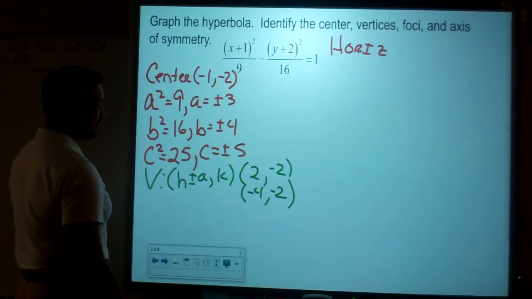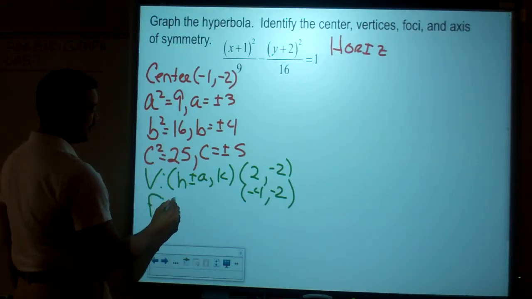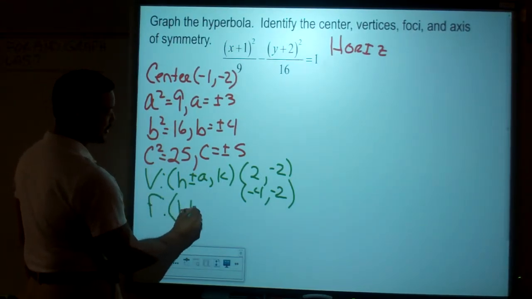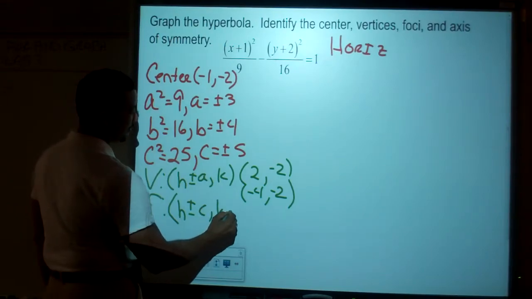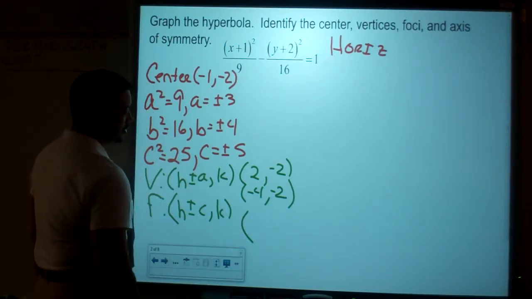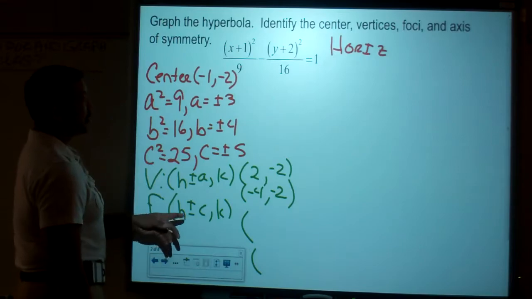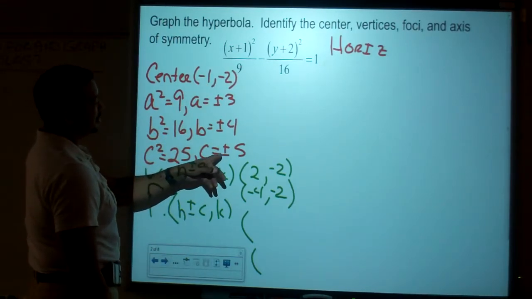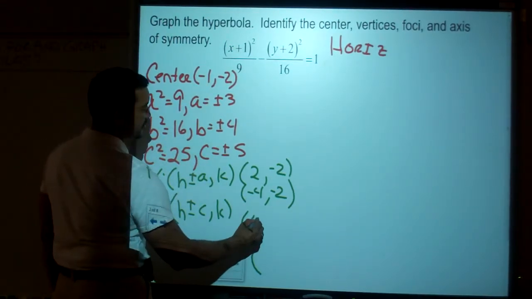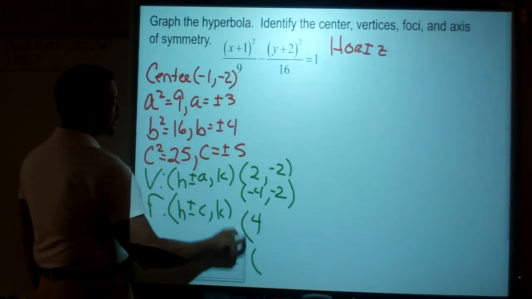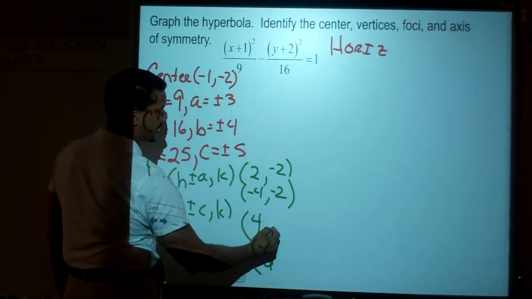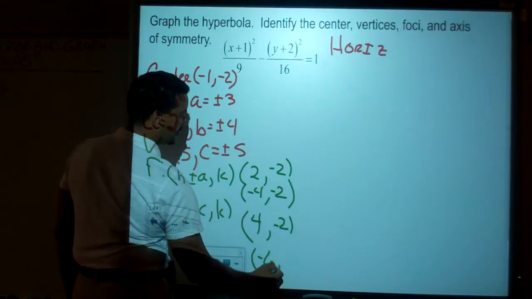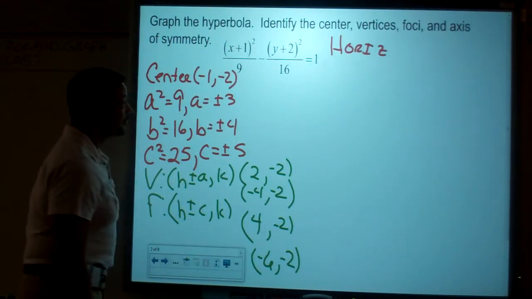With our foci, we get h plus and minus c, and k. So if we do the same thing, -1 plus 5 gives us 4, and -1 minus 5 gives us -6, and still our -2's on both of those.